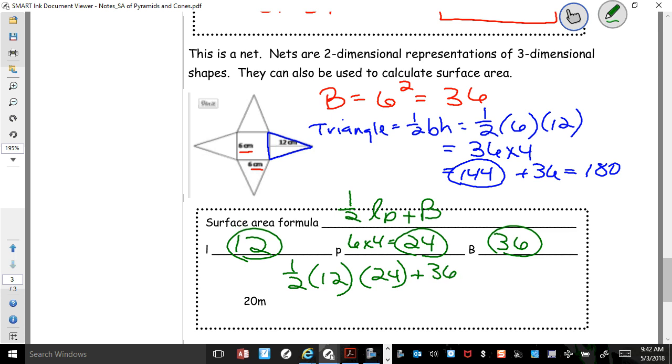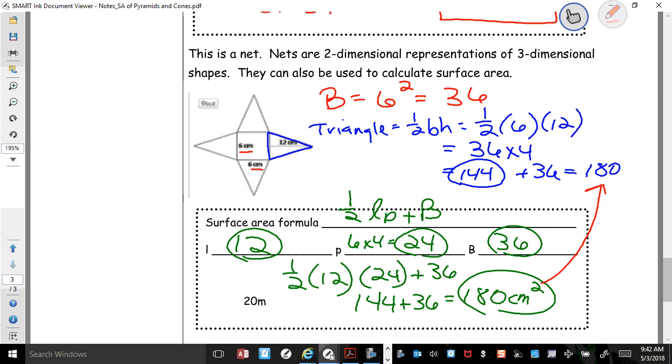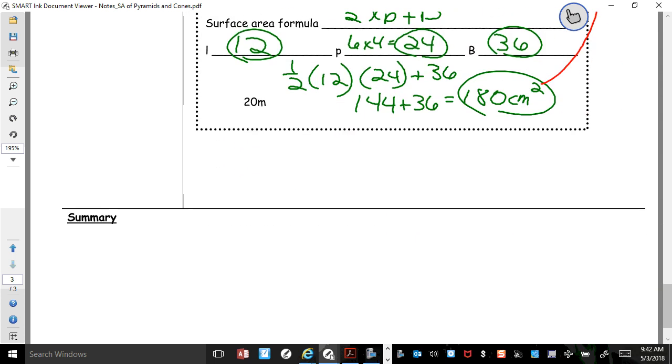So in your calculator, 1/2 of 12 is 6. 6 times 24 is 144, plus 36 works. Same answer. So you can do it individually, or you can use the formula.